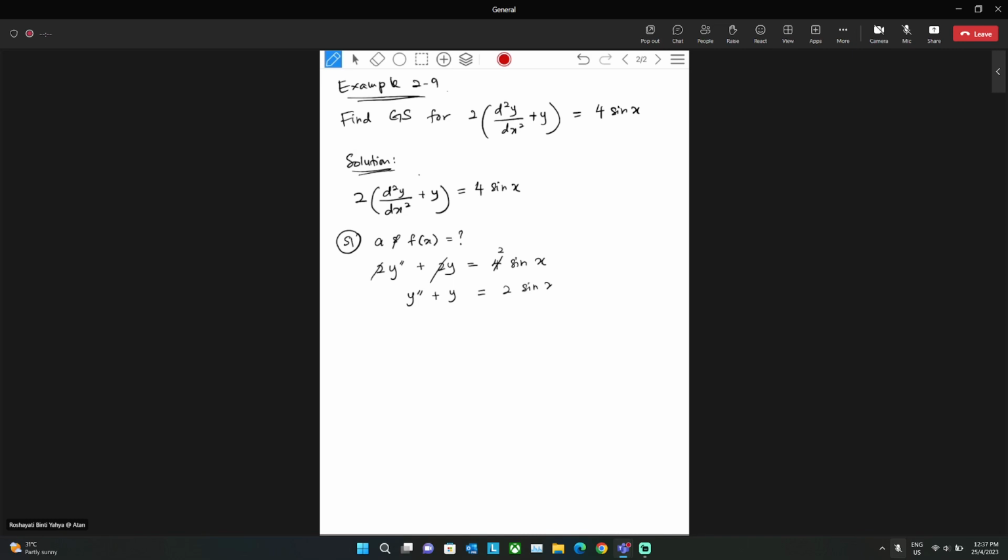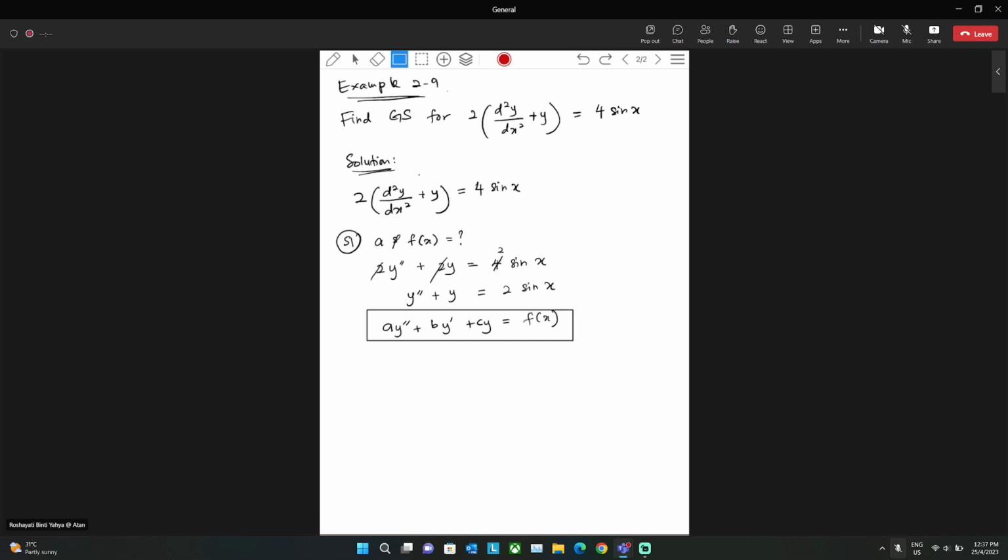So in this case, when you compare with your a y double prime plus b y prime plus c y equal to f(x), you can compare.